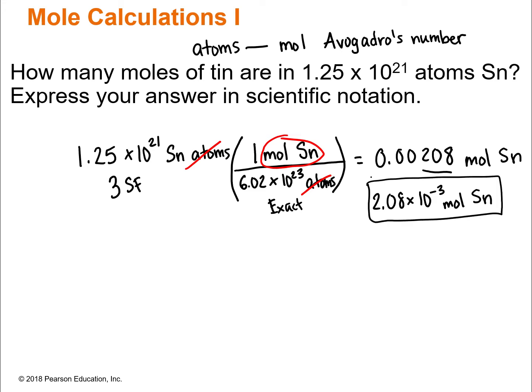Your final answer should be 2.08 times 10 to the minus 3 moles of tin.